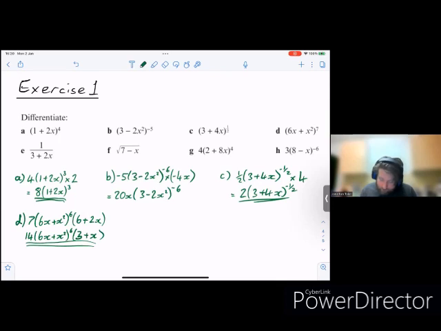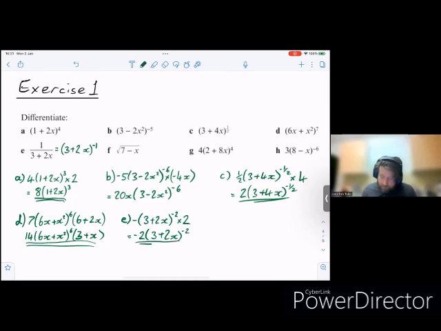And then E. Well, for E, we need to rewrite that as 3 plus 2x to the -1. So when we differentiate that, it becomes -1 times 3 plus 2x to the -2. And then we multiply by the derivative, which is 2, giving us -2, 3 plus 2x to the -2.